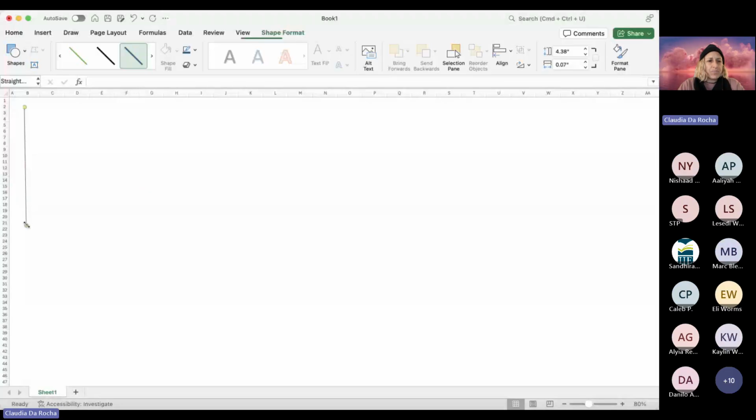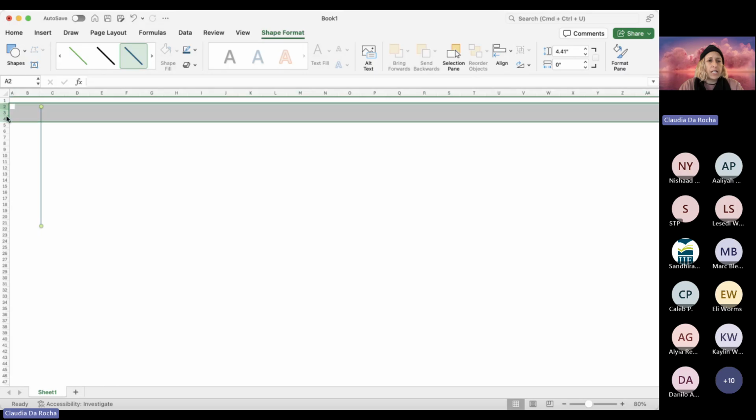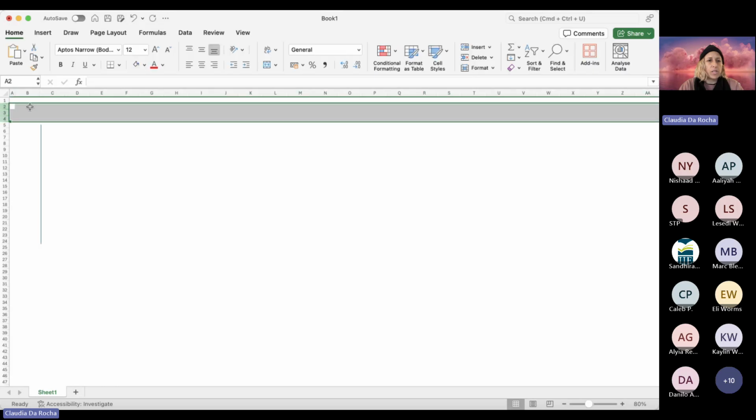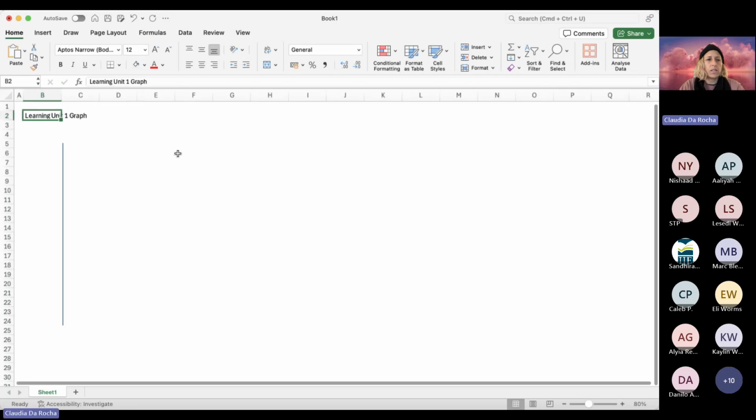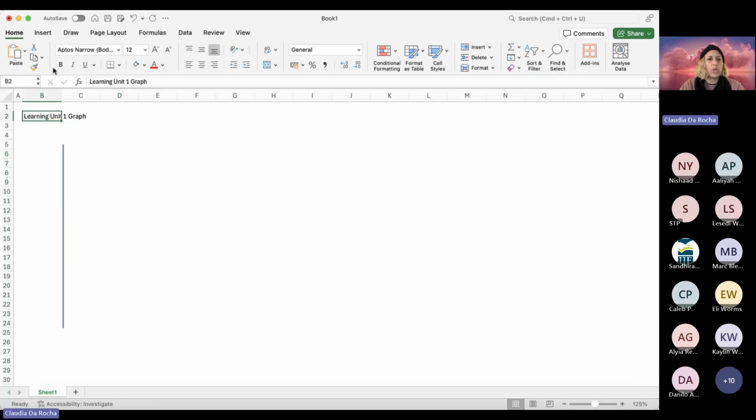All right, so in terms of the first in Learning Unit 1, let me actually put a heading in terms of the graph. So Learning Unit 1. And let's just make this bigger so you can see. Okay, so you're learning Unit 1 graphs.